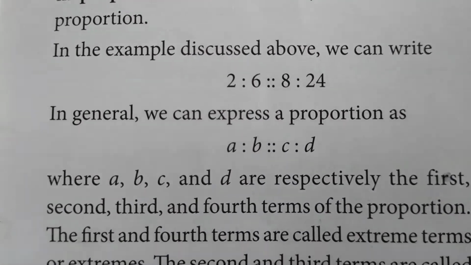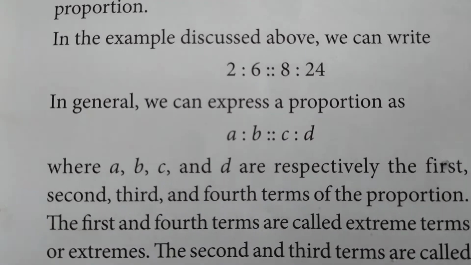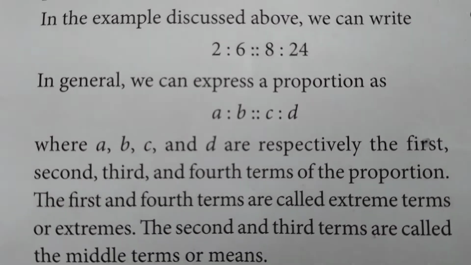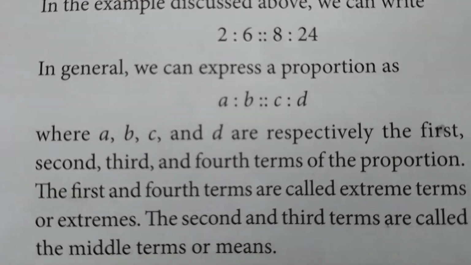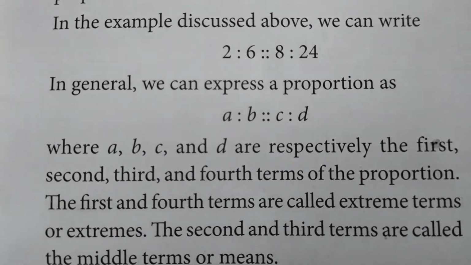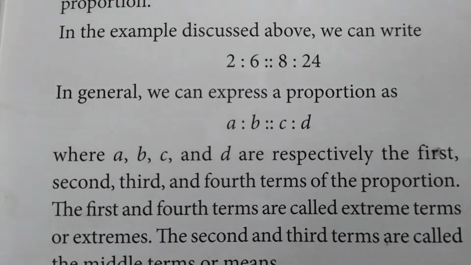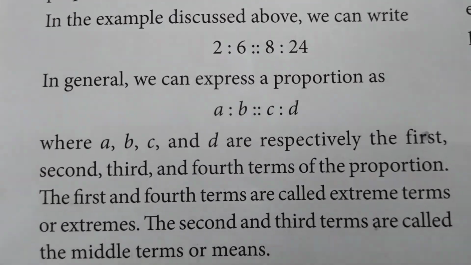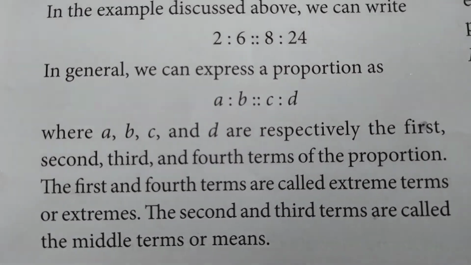In general, we can express proportion as A is to B as C is to D. A, B, C, D are respectively the first, second, third and fourth terms of the proportion. The first and fourth terms are called extremes. The second and third terms are called middle terms or means.